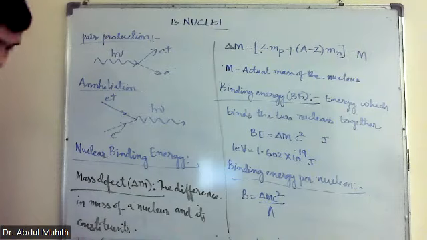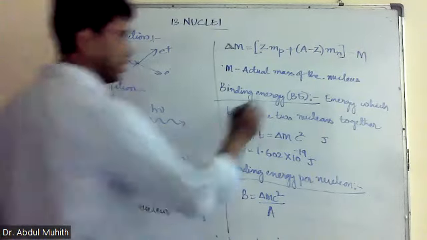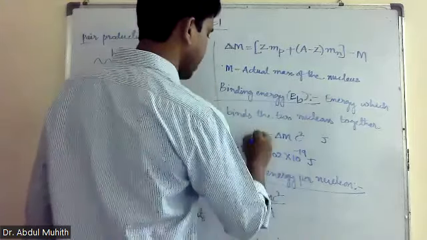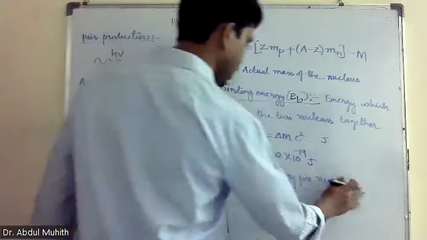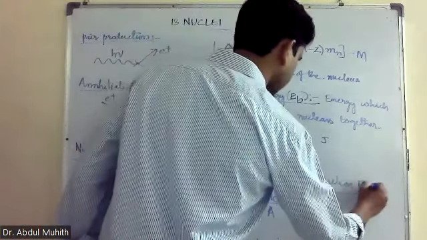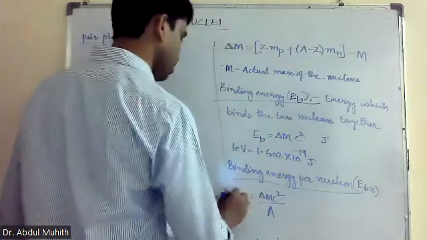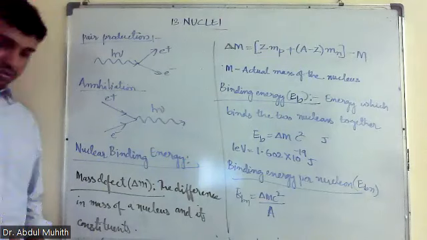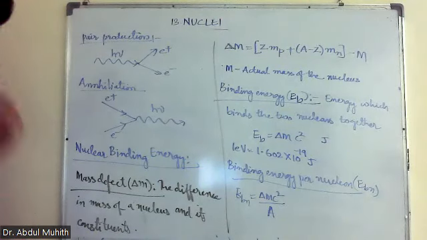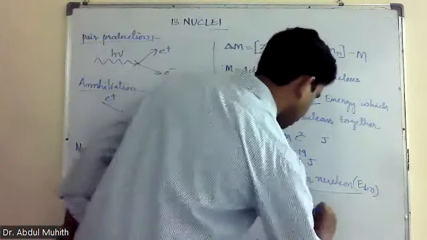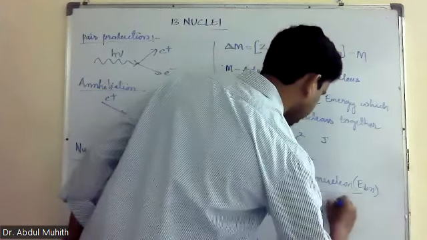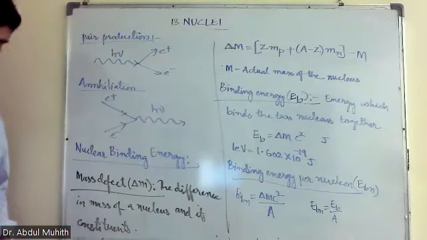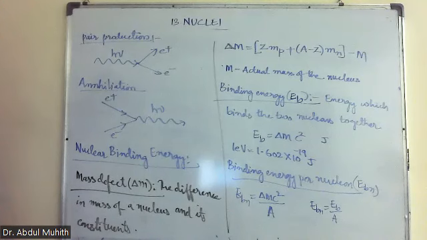In our textbook, binding energy is represented as EB, and binding energy per nucleon is written as EBN. So we also write that EBN is equal to EB divided by capital A. That is the binding energy per nucleon. Is that clear?